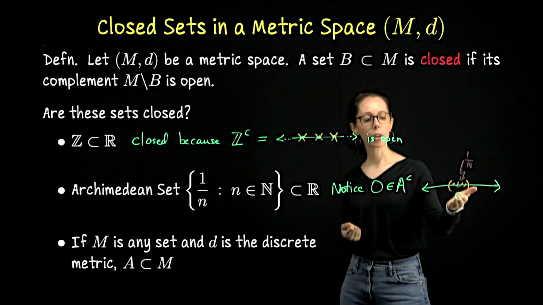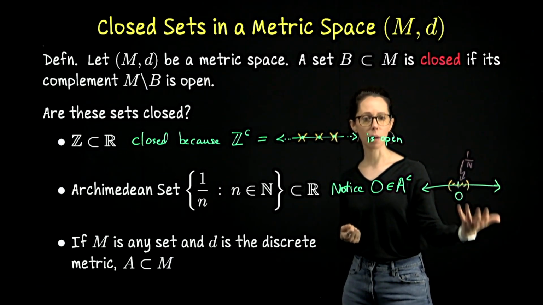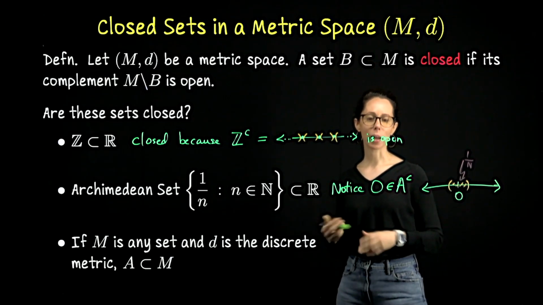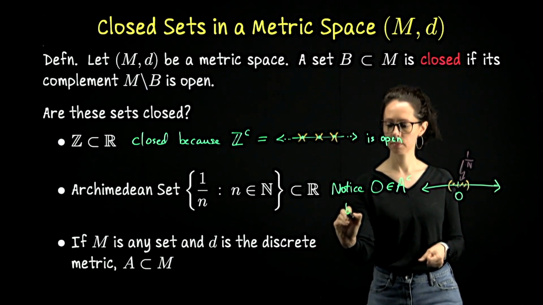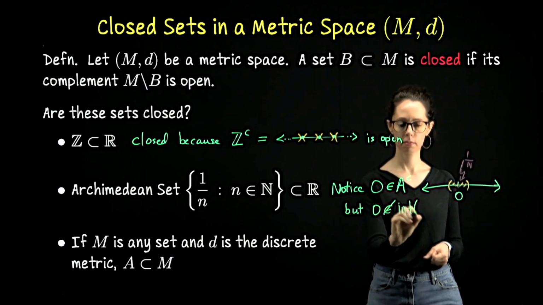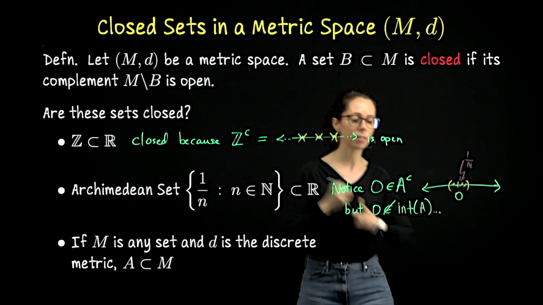So since no neighborhood of 0 is contained inside of the complement, 0 is not an interior point. Here I just want to bring up some earlier vocabulary. So 0 is not an interior point of the complement.